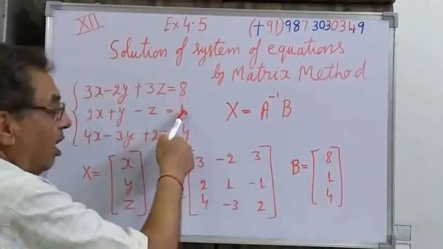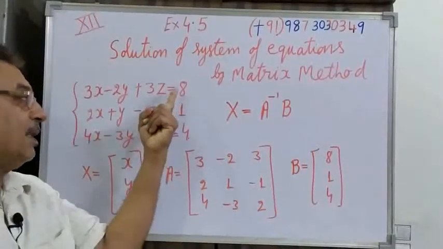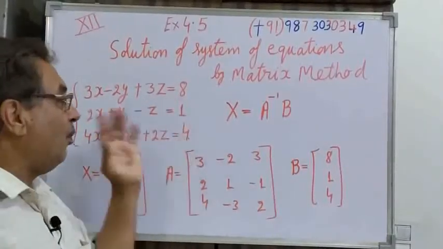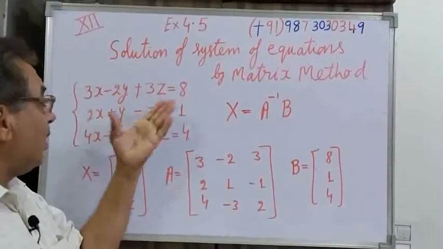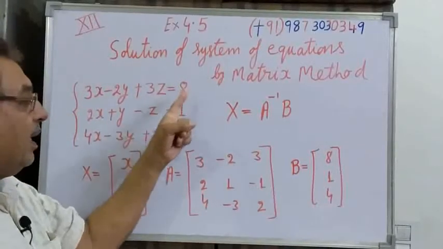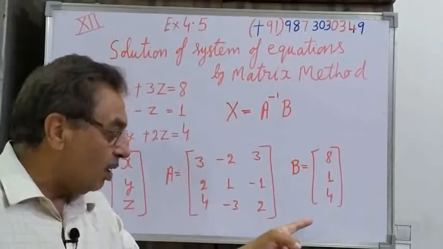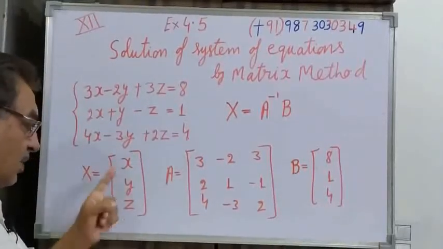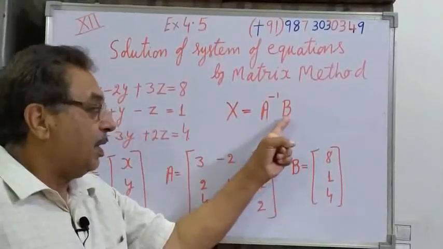Bring the constants to the right hand side and the terms with the variables on the left hand side. Then 8, 1, 4 is a single column matrix. It is called the matrix B.